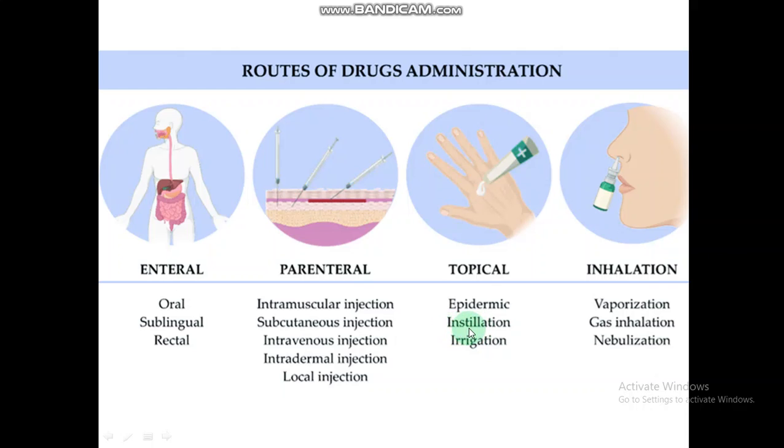When we administer eye drops, we pour them one by one, so that is instillation. And irrigation is the removal of fluids, body fluids or water from the body or a tissue. So when we remove pus or mucus from any part of the tissue by irrigation, that is irrigation.